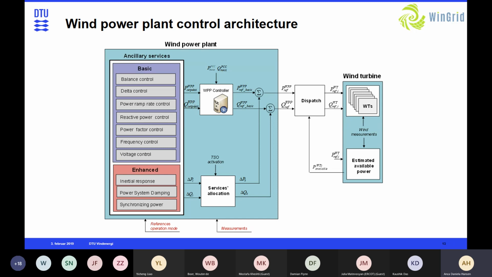And we have the dispatch distributing individual references to each turbine. We have this service allocation block I have mentioned, which makes it possible to select, activate, or even combine different functionalities with a specific weighting. And of course, there is estimation of the available power for wind turbines, and this information is received by the dispatch control.